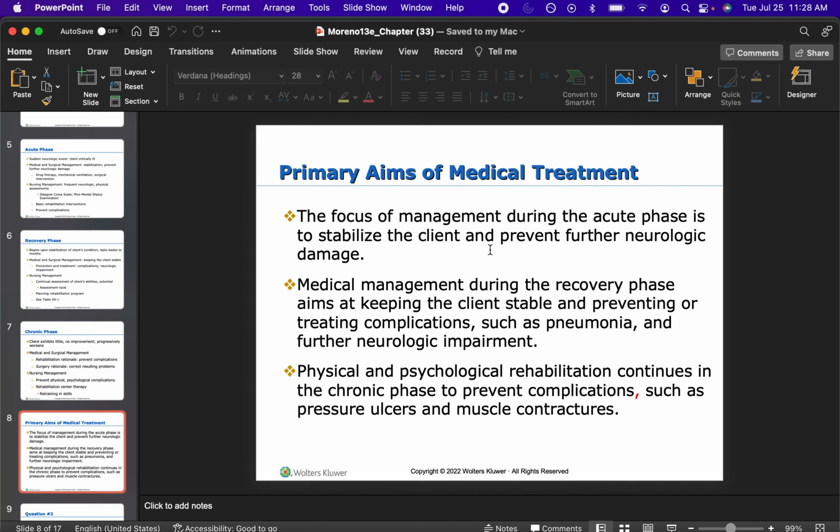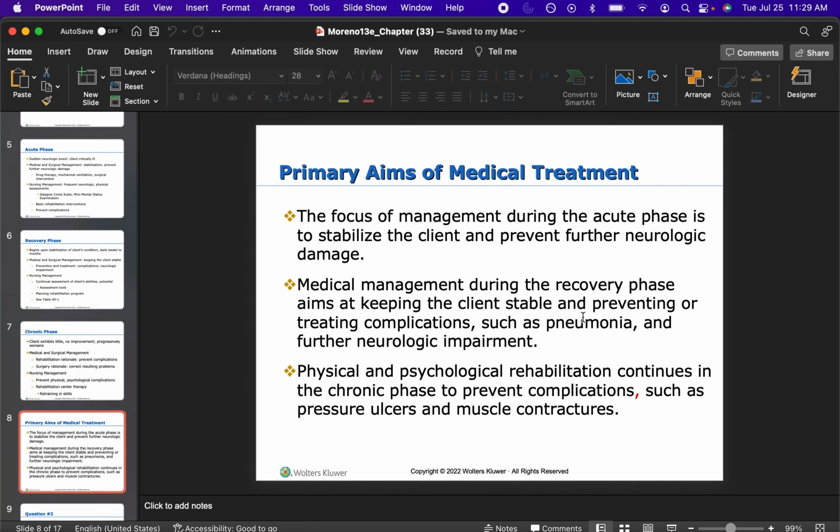So basically the primary aim, like the book said, for these neurological conditions or illnesses is the management. Each phase is going to have a different goal of management. In our acute phase, we definitely want to stabilize that patient.